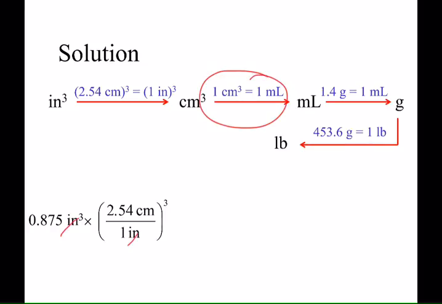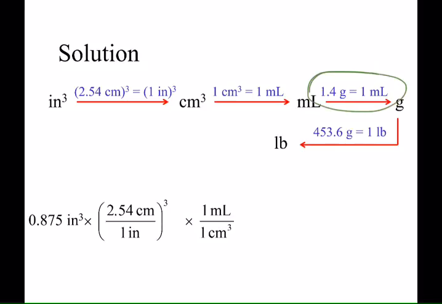Now we're ready to use this relationship to get to milliliters. So we're going to put centimeters cubed in the bottom, milliliters on the top, and of course there's a one-to-one relationship. Now we're left with units of what? Milliliters. And now we're going to use density. And this is kind of the flattened out version of density.